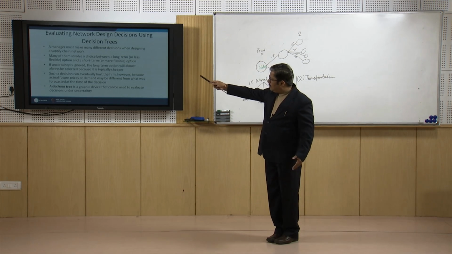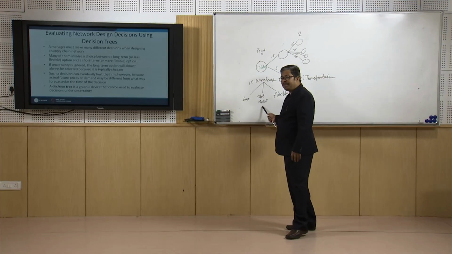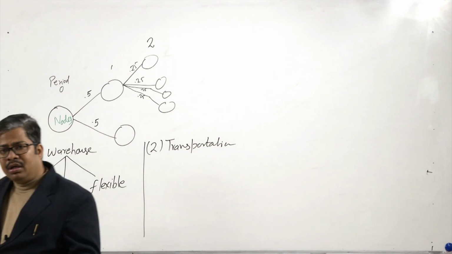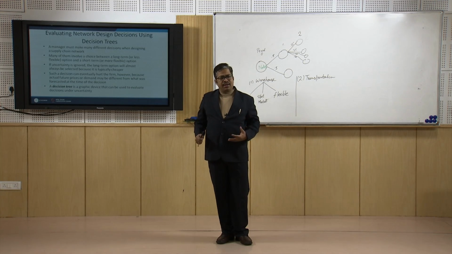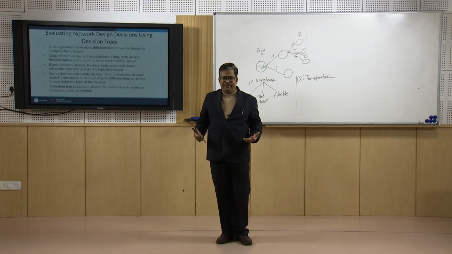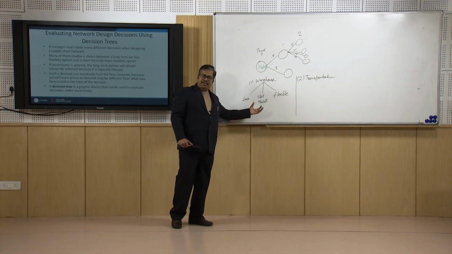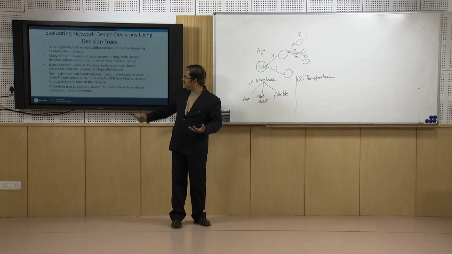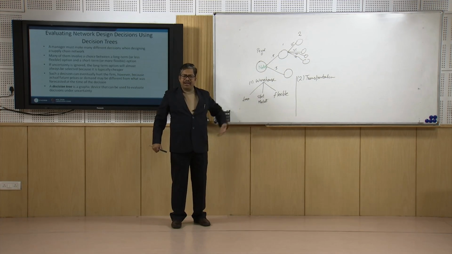That is one option, and another is the short term or flexible option, where spot market type of options are there. Depending upon the requirement, how many units I want to store, and depending upon the space requirement for those units, I can go to the market and take the space on rent, which is highly flexible, and in each period I can change my decision.